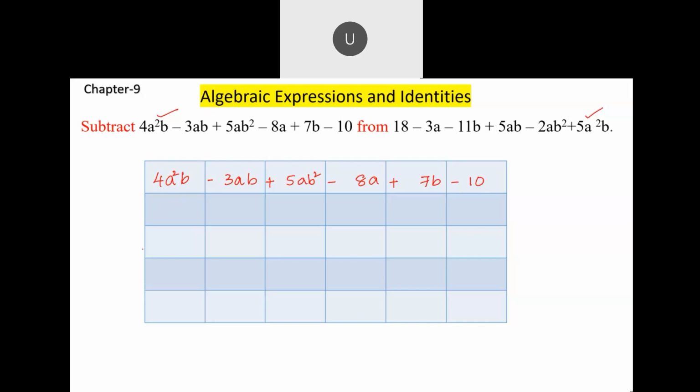So what I have to do is first write this expression first. Shall we write in the same order? You should write the highest power first, then go to the lowest power. That is a standard way of writing. But for solving it, there is no need of writing that in order.